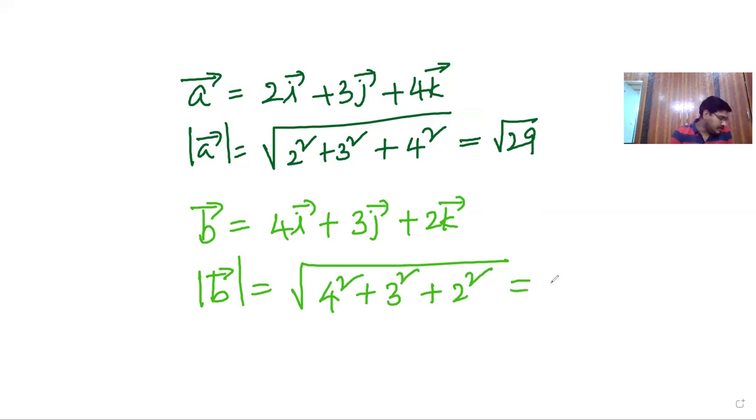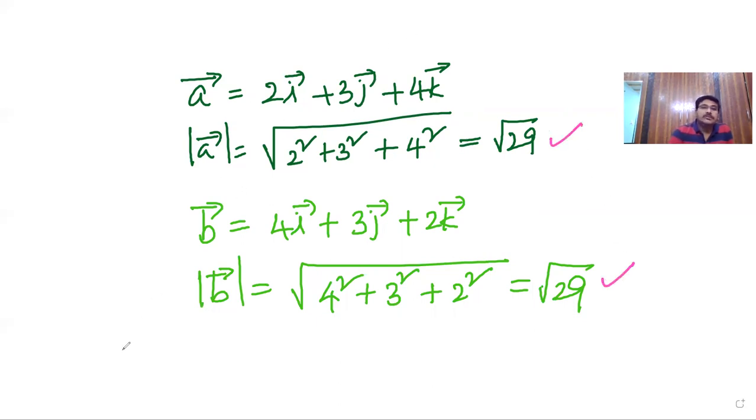On simplification, it becomes under root of 29, because 16 plus 9 plus 4 is 29. Again, first one is also root 29, second one is also root 29.